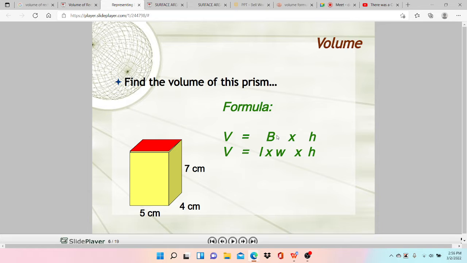Okay, so that is our base. 20 is our base. So 20 times height. What is height? 7. Okay, so 20 times 7 equals 140. Okay, so volume is length times width times height.